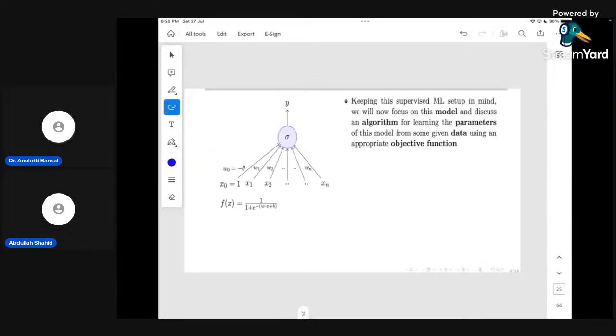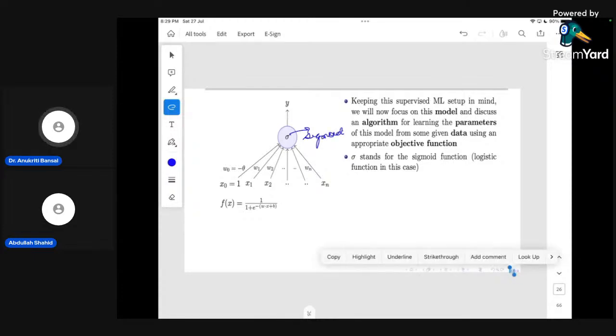So, keeping this supervised ML setup in mind, we will now focus on this model and discuss an algorithm for learning the parameters. We have two types of parameters. One is weights and another one is bias. Okay. This sigma is my sigmoid activation function, or I can say that this is the sigmoid neuron.